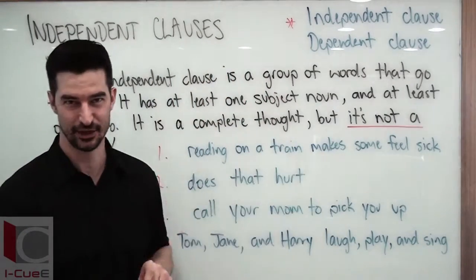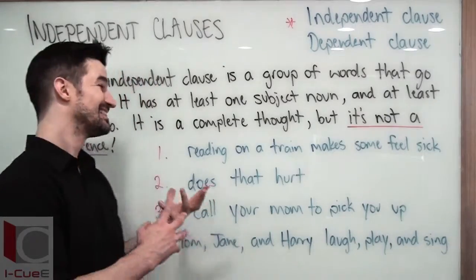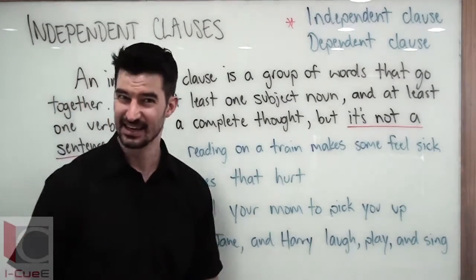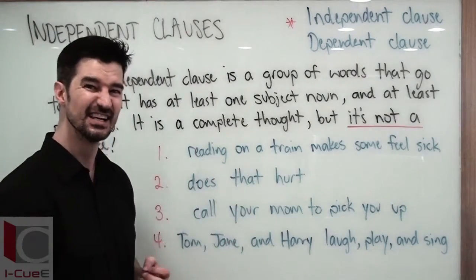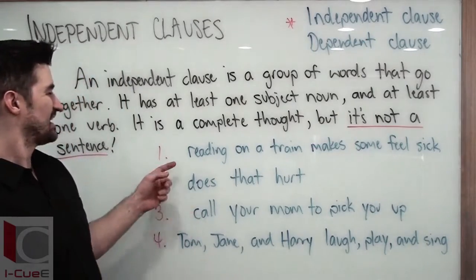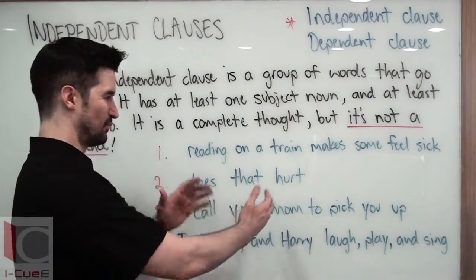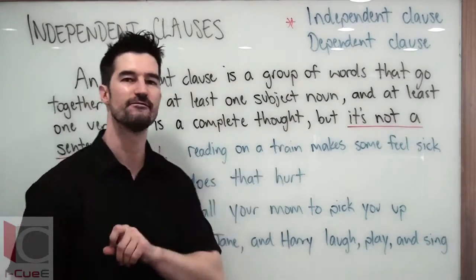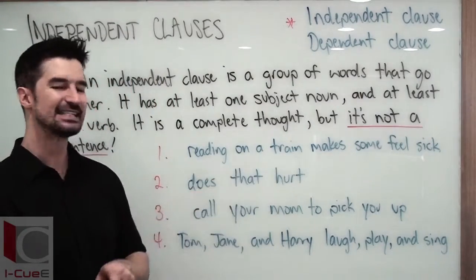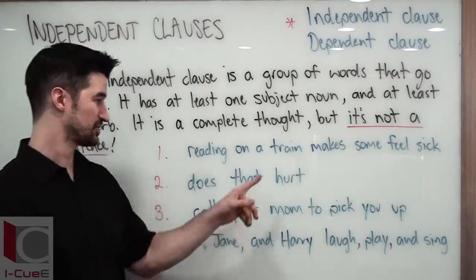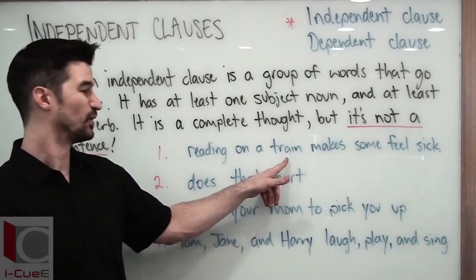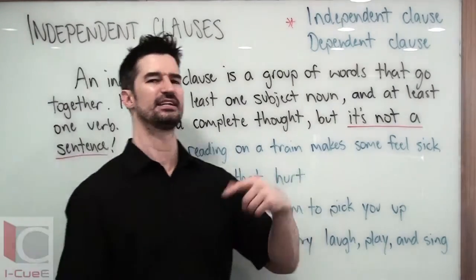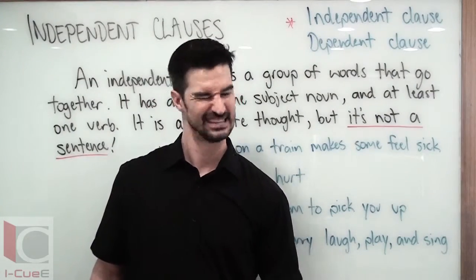Makes is the verb, okay? Now, that makes the subject of this clause a little tricky, because if we look at what comes before the verb, we have 1, 2, 3, 4 words. Is this clause about a train?